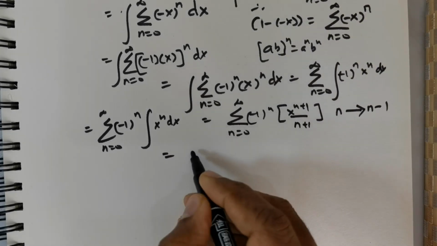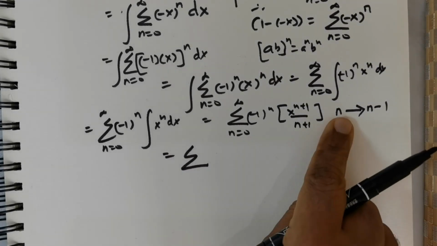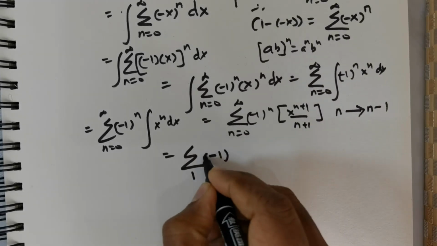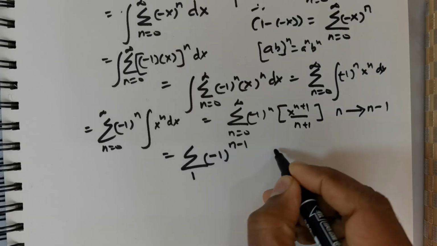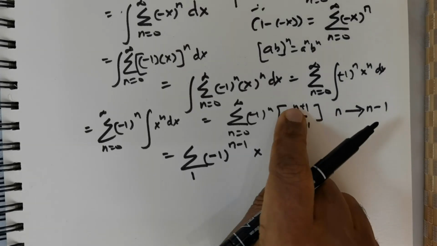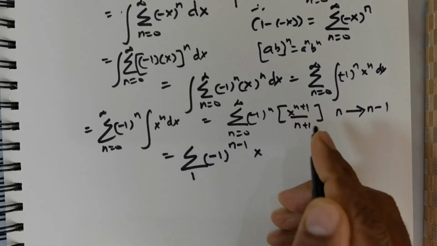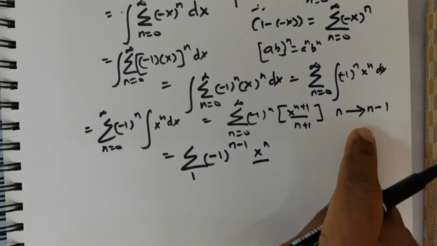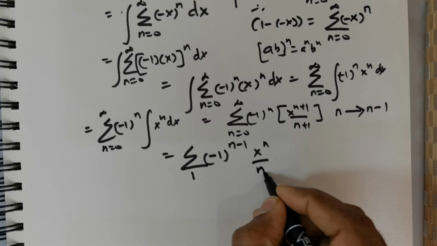So the sum will start from 1. This is going to be (-1)^(n-1) x^((n-1)+1) divided by (n-1)+1. So it's going to be x^n divided by n.